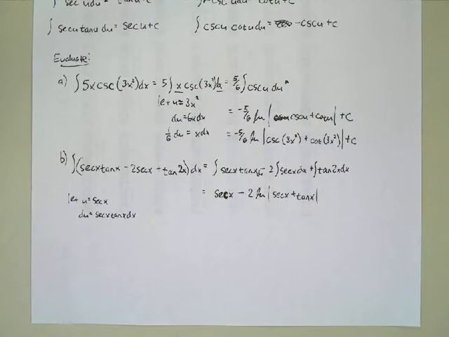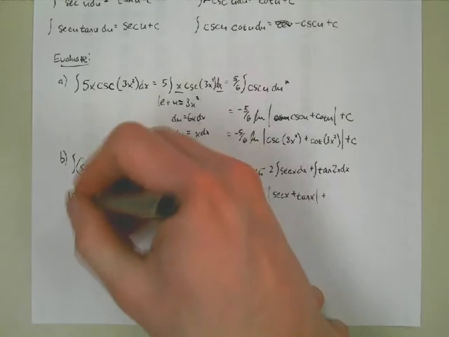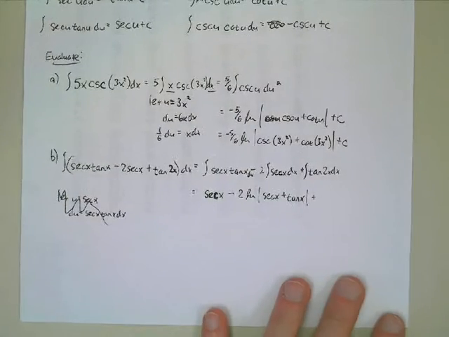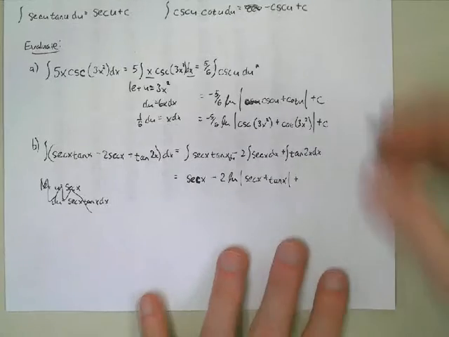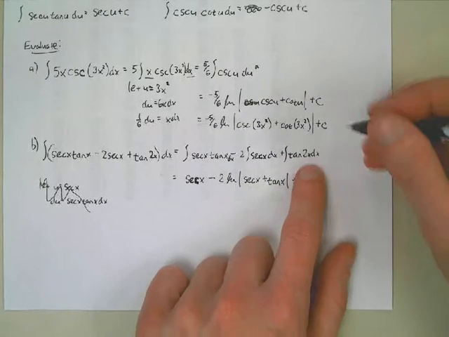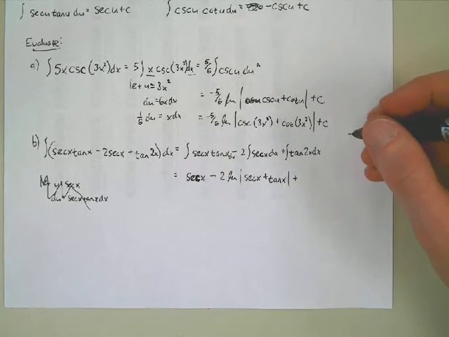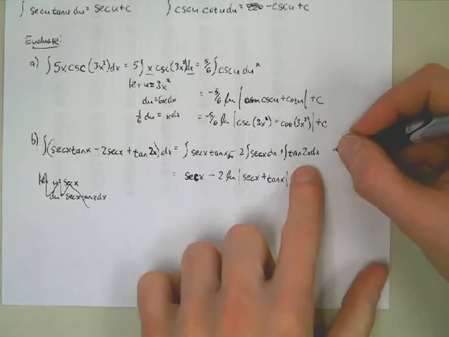Plus, and now to integrate tangent of 2x, what do we have to use here? We need to use a u-substitution, because we can't integrate tangent of 2x directly. We need tangent of u, or tangent of x. So let's let u equal 2x.